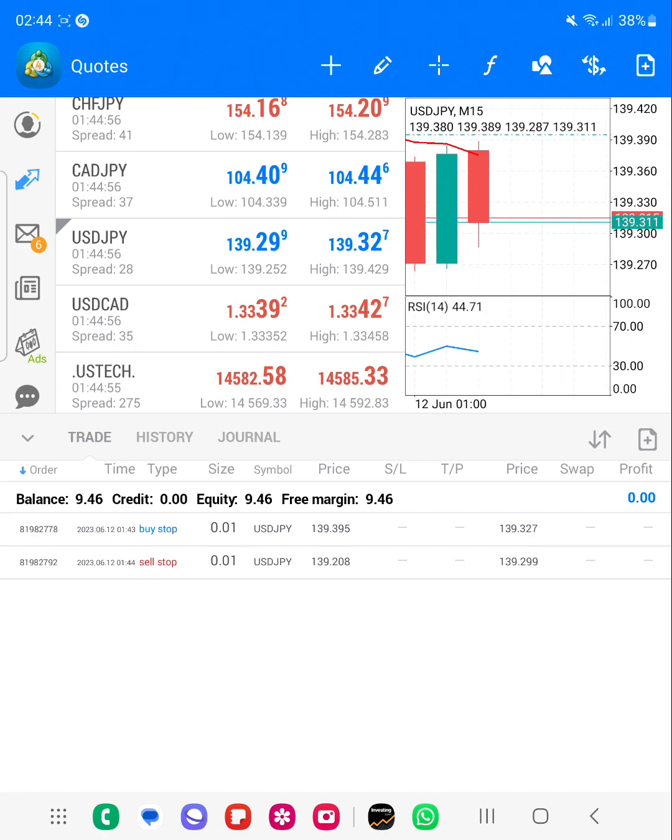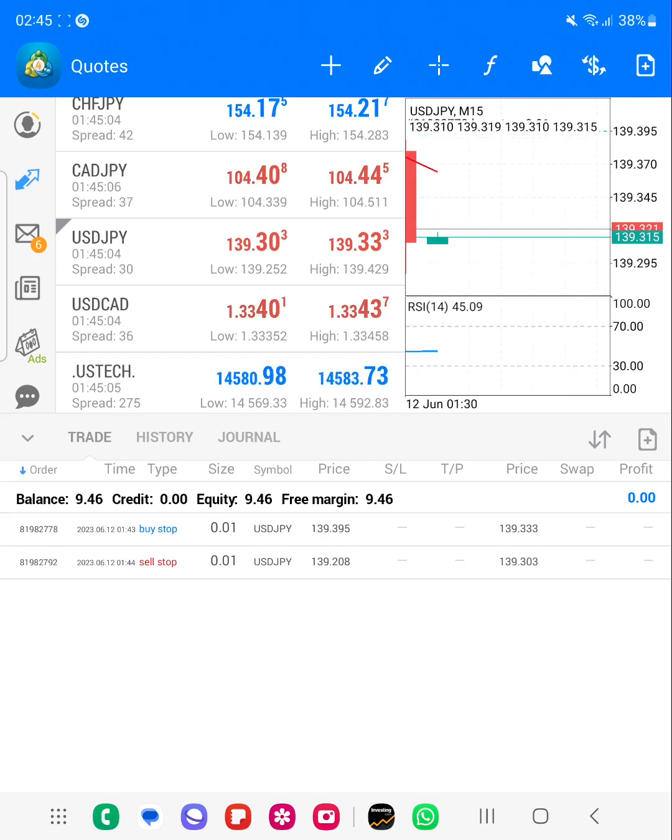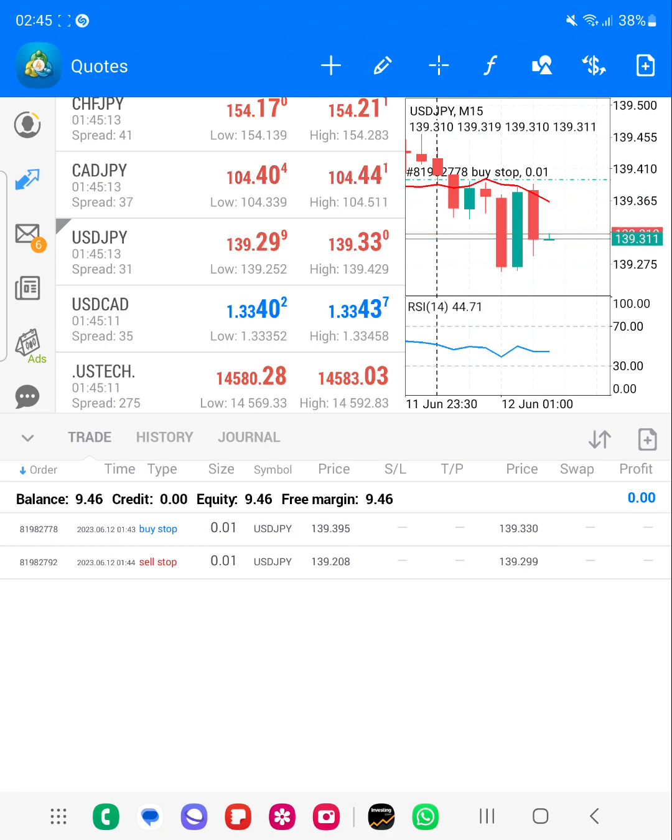I don't know why they're not blue, but that's how it's supposed to be. The green one is what we call bid price, and the red one is what we call ask price. So ask is the one that's going to trigger your buy stop without the candlestick reaching your buy stop, and that happens through spread.